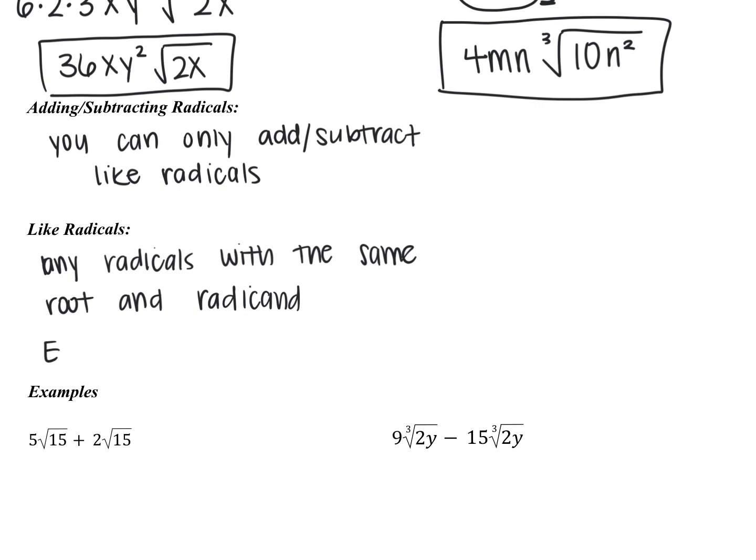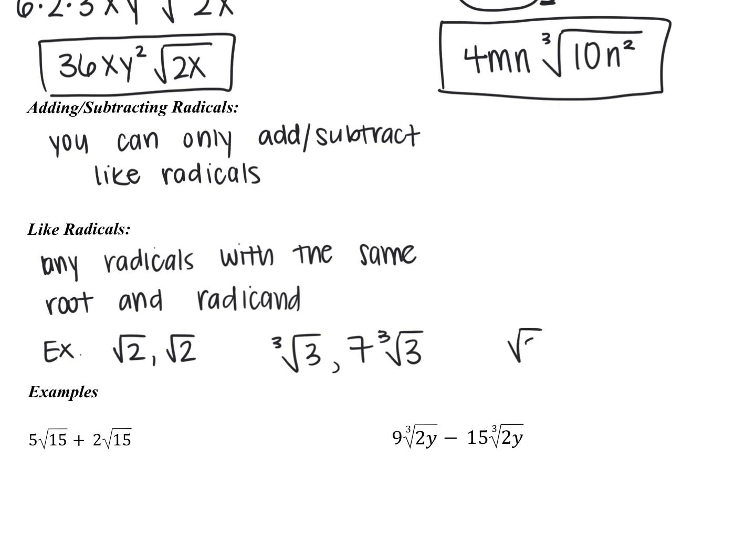For example, the square root of 2 and the square root of 2 are like radicals. They're both square roots and 2 is underneath. The cube root of 3 and 7 cube root of 3 are also like radicals because they're both cube root 3's.